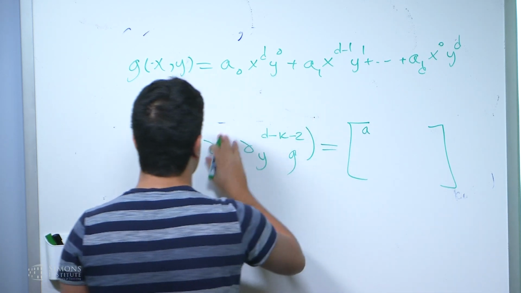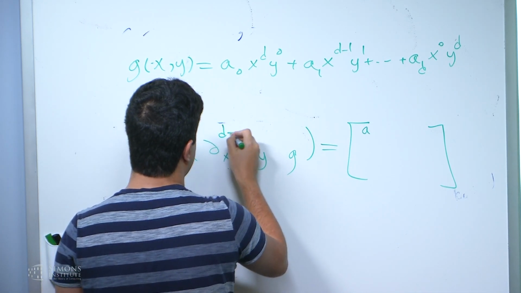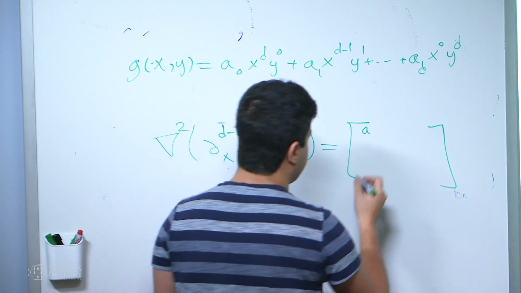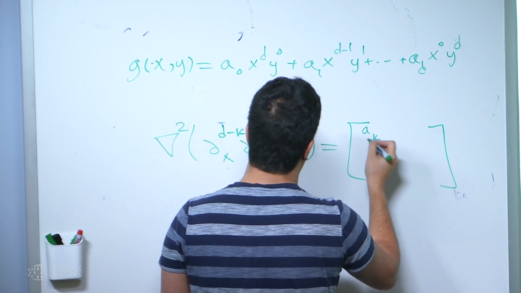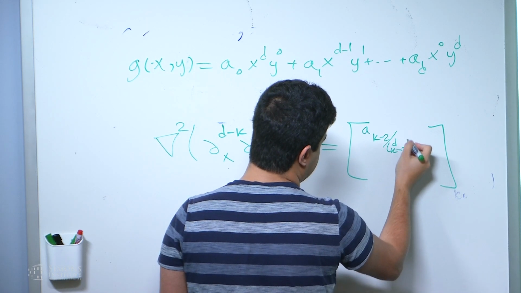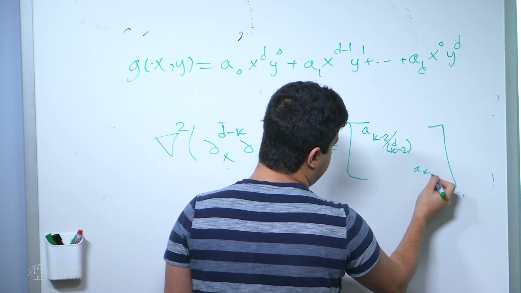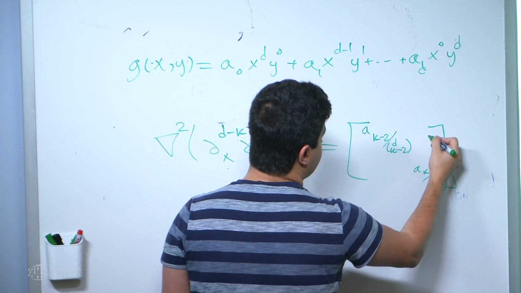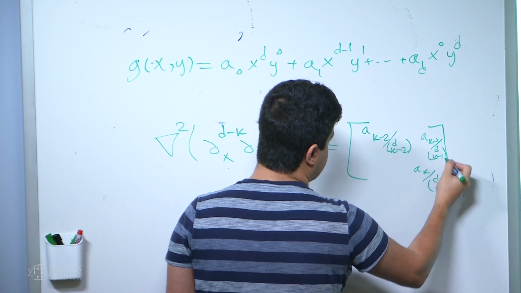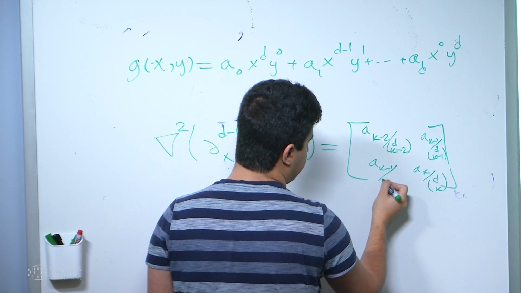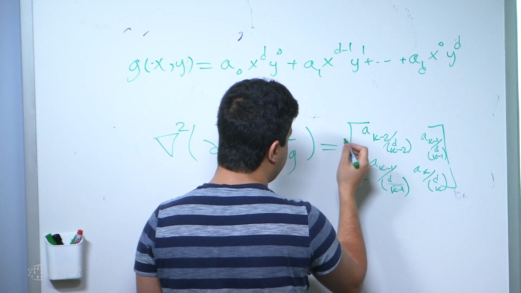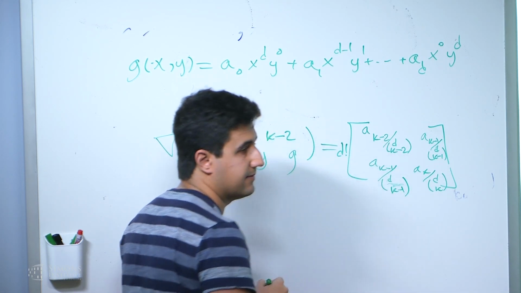So you get a of k minus 2 divided by d choose k minus 2, a of k divided by d choose k, a of k minus 1 divided by d choose k minus 1, and a of k minus 1 divided by d choose k minus 1. And the whole thing multiplied by d factorial.